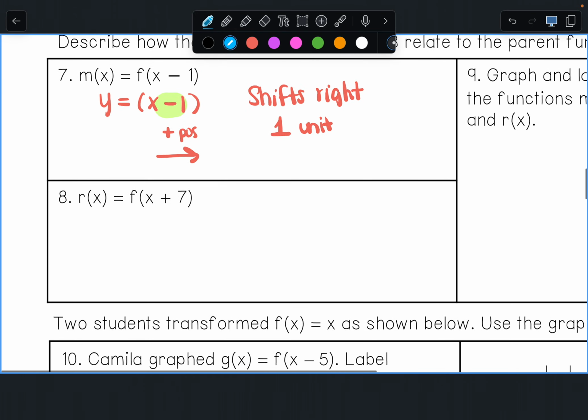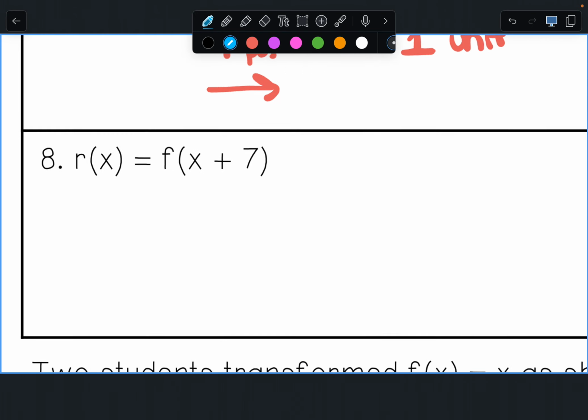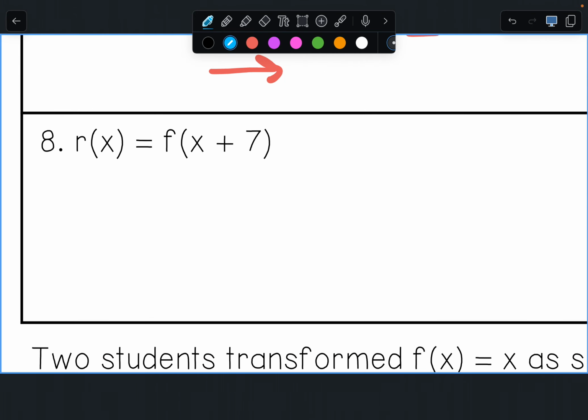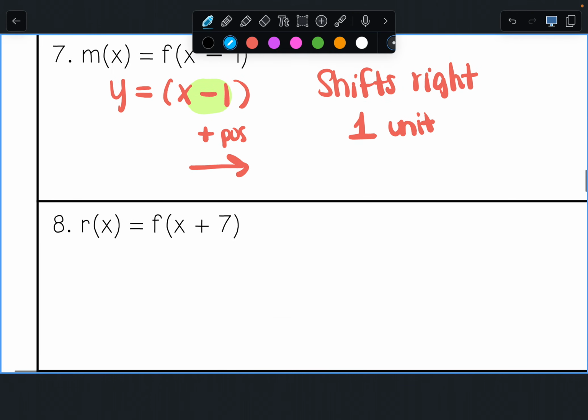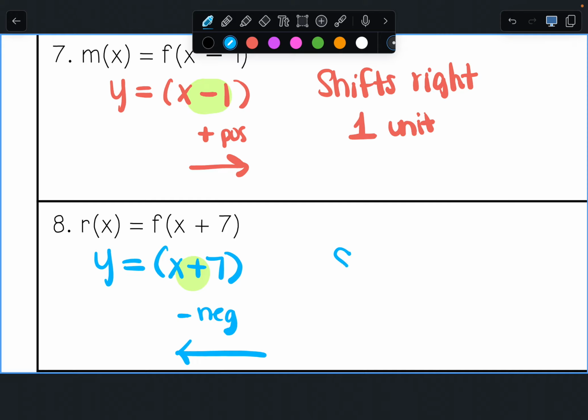All right. Let's look at number 8. Switch it back to slope-intercept form so you can know what to do. R of x changes back to y equals, take the f off, x plus 7. Now, what kind of 7 did you have to plug in for it to change to a plus sign? A negative 7. So a negative number is going to move this line to the left.